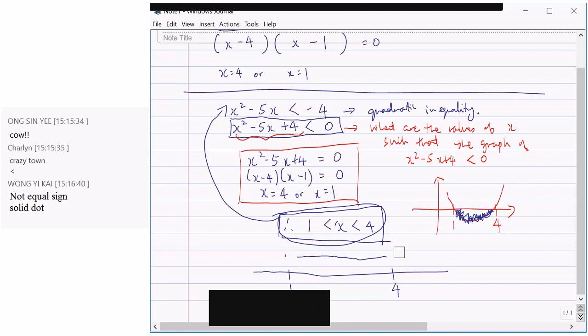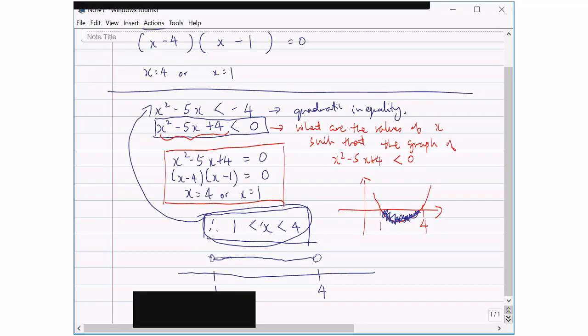So the answer must be hollow circle, hollow circle. So these are the two ways to represent the answer. Either you represent it this way with the alligator jaw like that, or you can represent it on a number line like this. Okay?